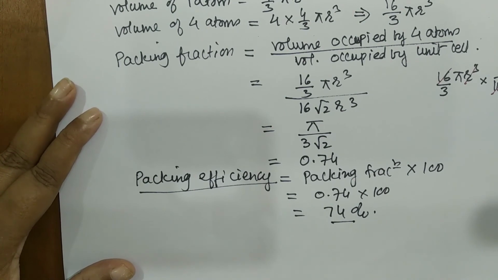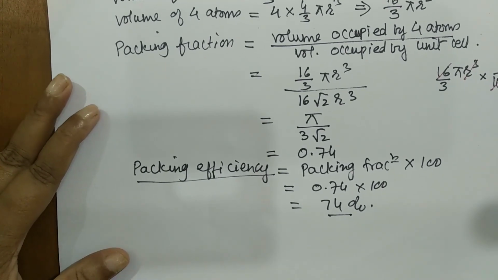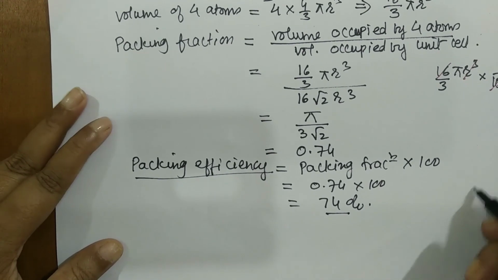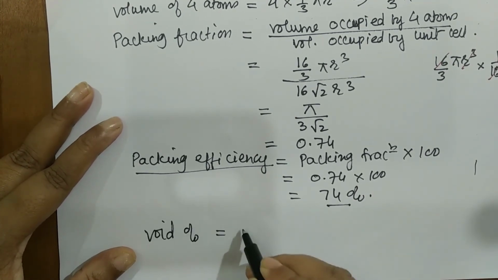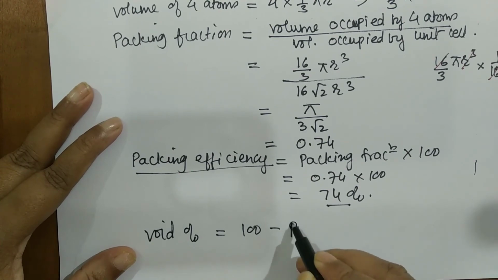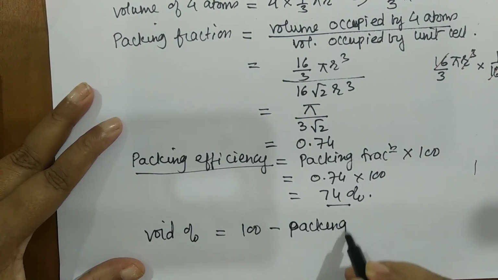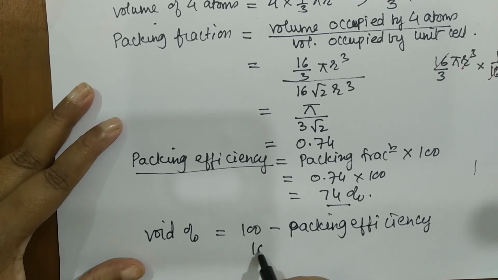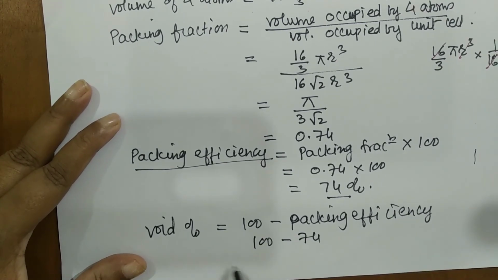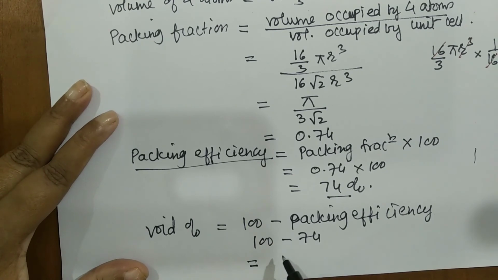So you can see that as compared to the simple and BCC, packing is more for FCC. And then what will be the void percent, student? Void percent is equal to 100 minus the packing efficiency. So that is 100 minus 74, and this comes out to 26%. So void percent here is 26%.